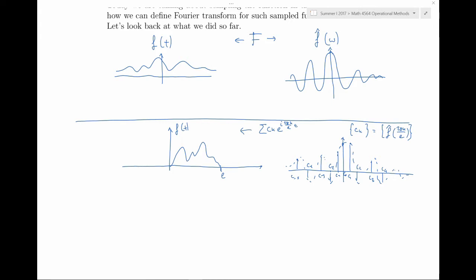The effect that it has on the function is that the function now becomes periodic with a period L. So in fact, we're creating ghosts of the function. When we represent the function f of t with a series, increasing L means increasing the frequency of the sampling.